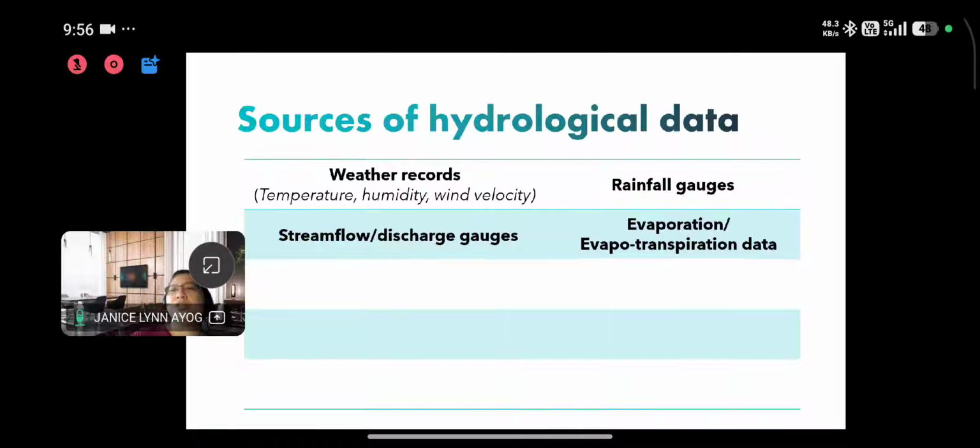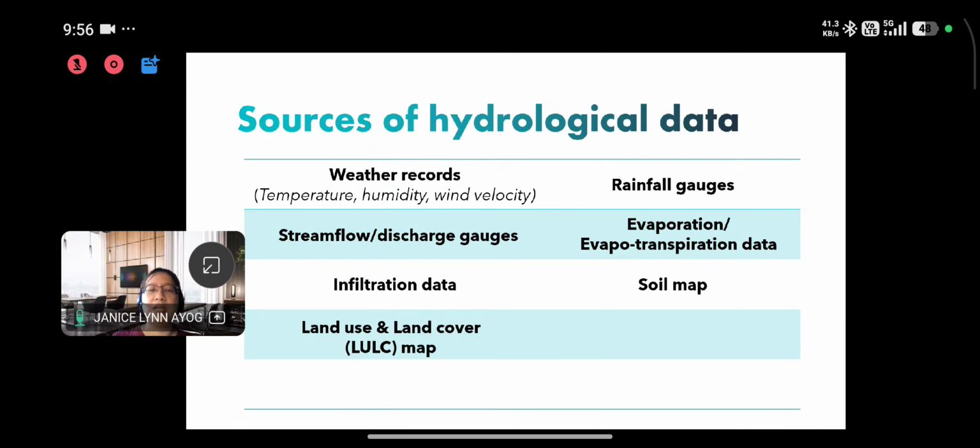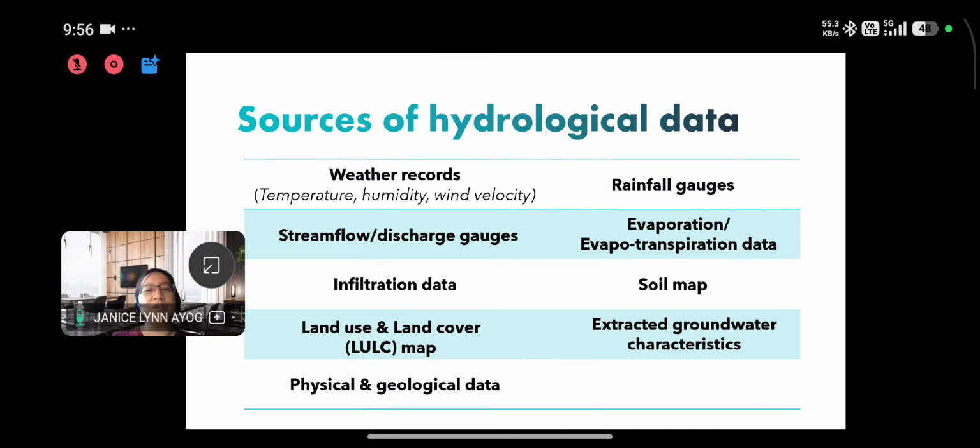Evaporation and evapotranspiration data. Infiltration data, soil maps, land use and land cover, groundwater characteristics, physical and geological data, and water quality data. Those are some examples of hydrological data.